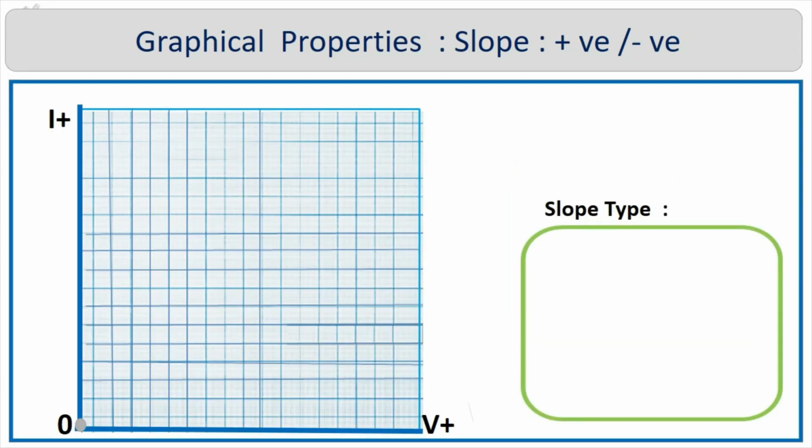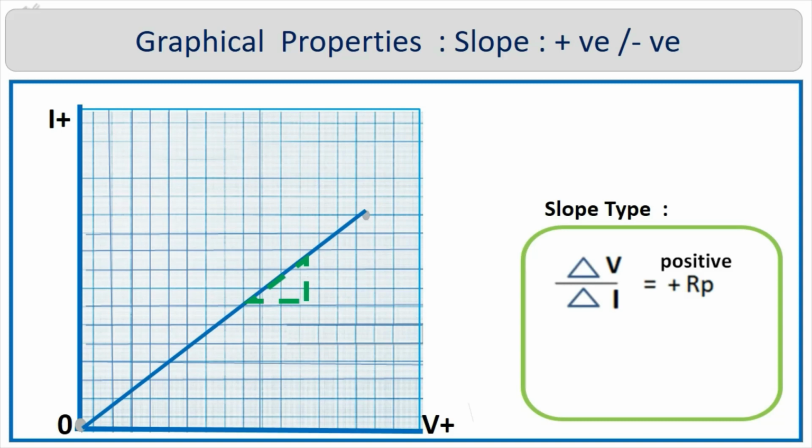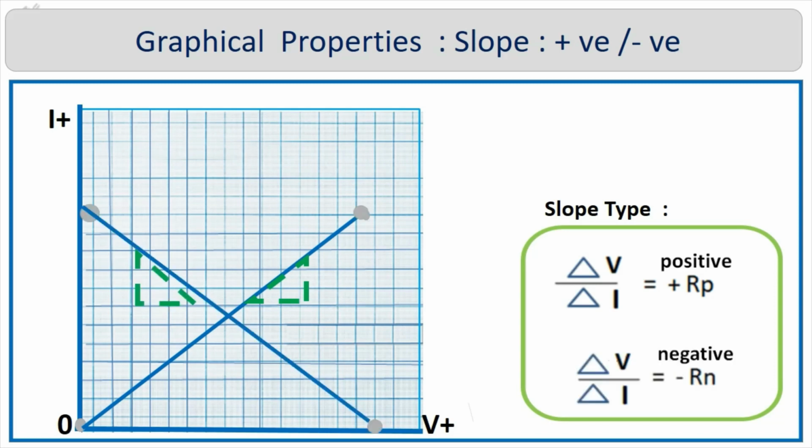In a semiconductor device, positive resistance refers to the property of the device where the current through the device increases with an increase in voltage. This property is common to most of the semiconductor devices. In contrast, negative resistance refers to the property where the current through the device decreases with an increase in voltage.